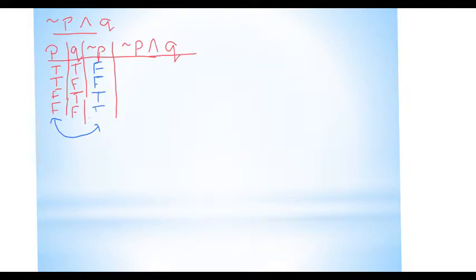Okay. Now, for this last column, we are doing the negation of P and Q. So I have to look at this column and Q. So to get this 3rd column right here, I have to look at these 2 columns together. And it's an and statement. Remember, and is true if both statements are true. So if I look here, if I go across and I look at the first one, I have true, false.